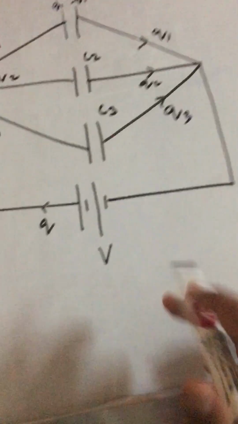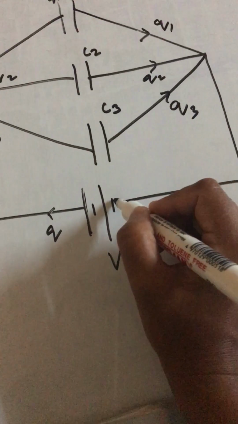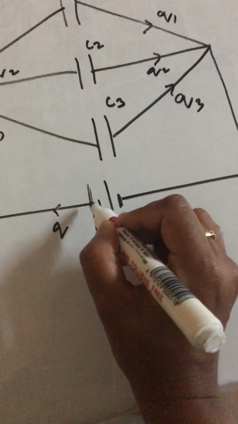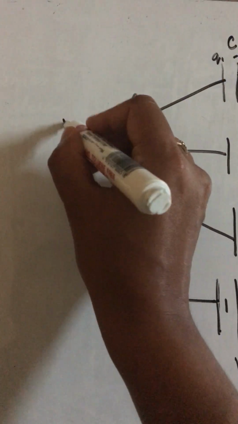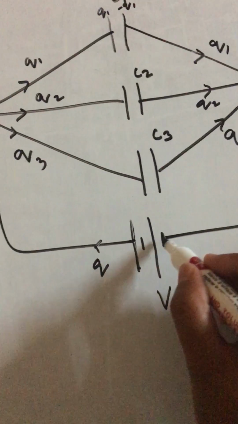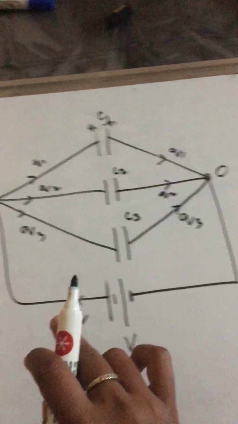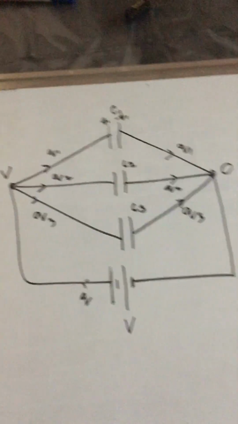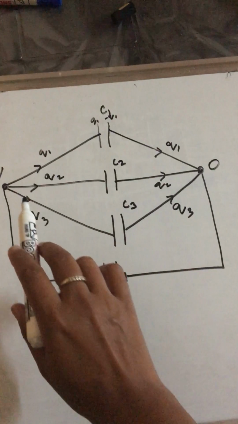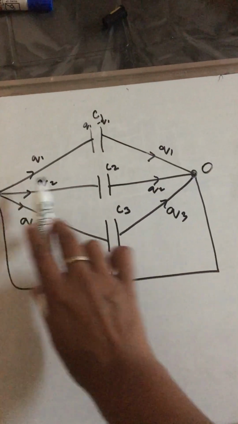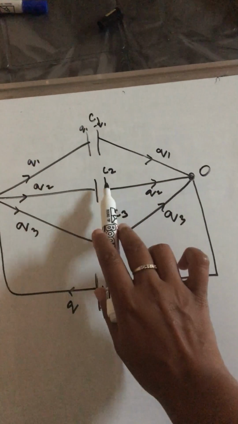What about the potential? See here, this is V and this is 0. What is the potential here? V. What is the potential here? 0. Between V and 0, how many capacitances are there? 1, 2, 3.